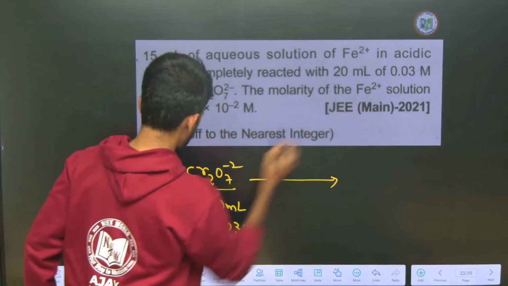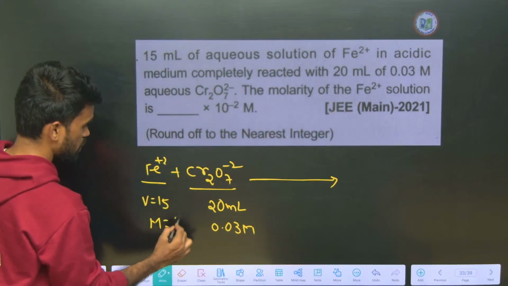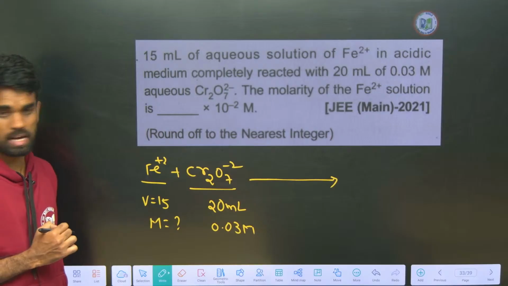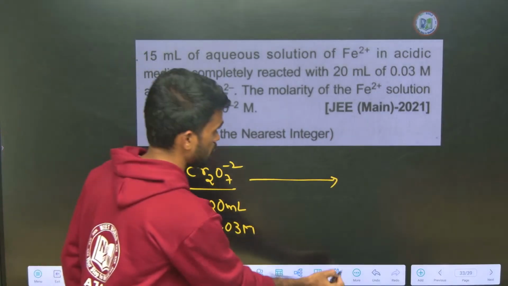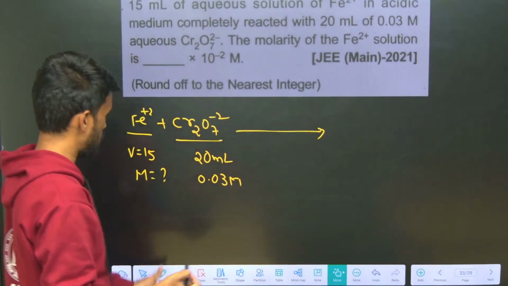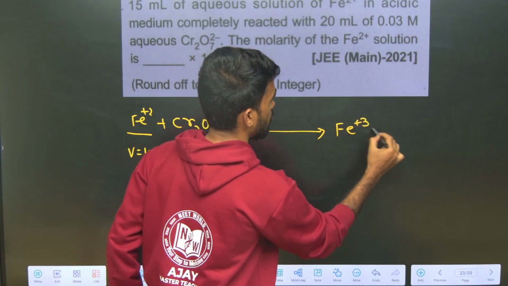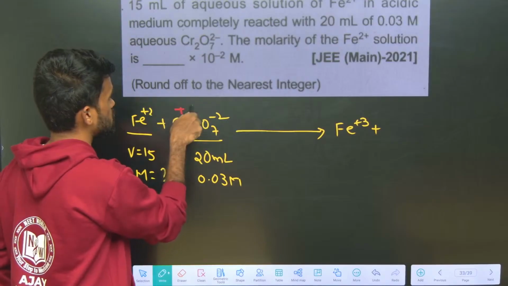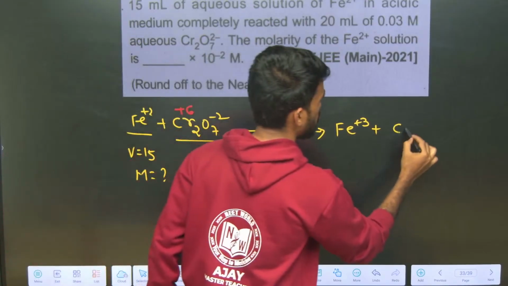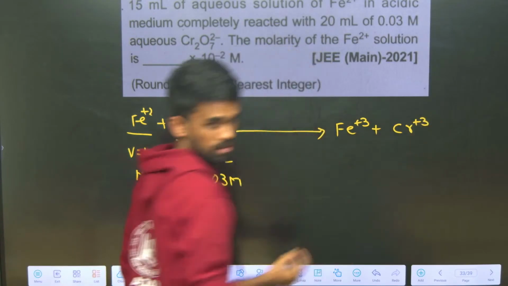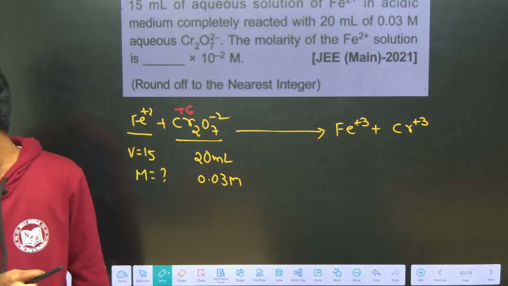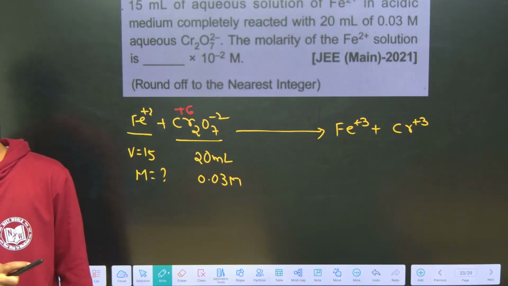The molarity, it means the concentration of this Fe +2, they are asking. So what will you be doing here, tell me? Here Fe +2 will convert into Fe +3 and the +6 oxidation state of dichromate will convert into +3, like this. So now find its n factor in both cases.